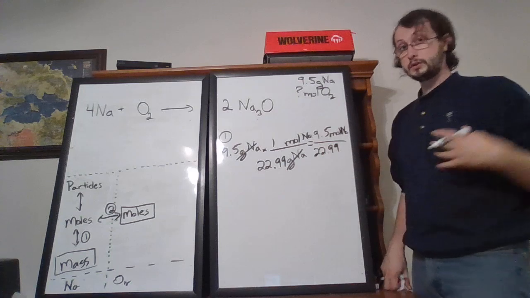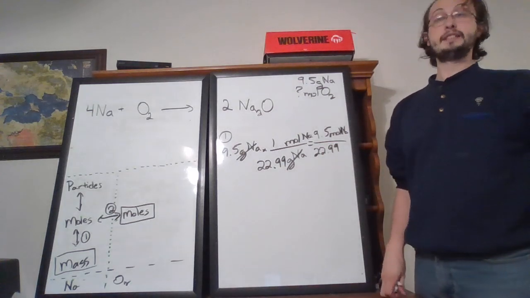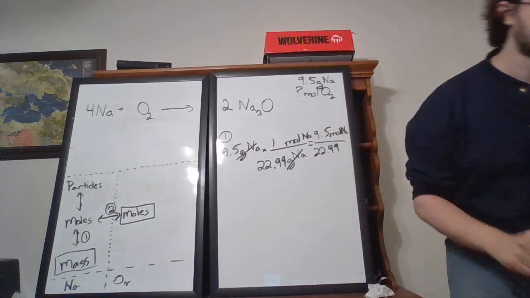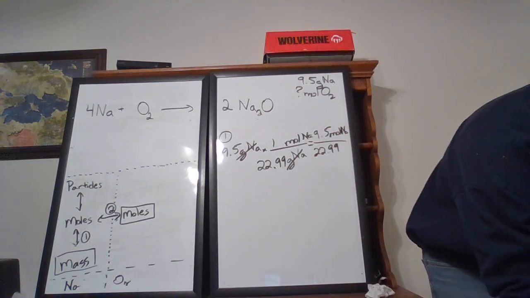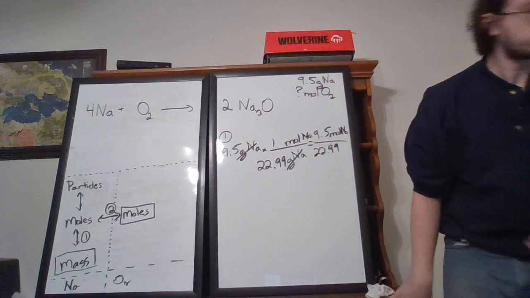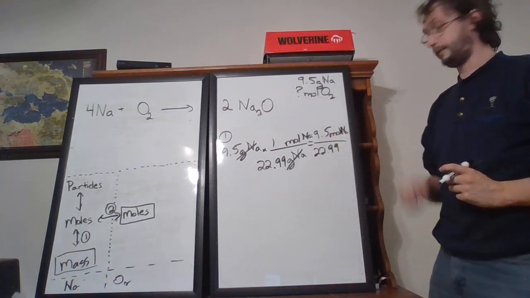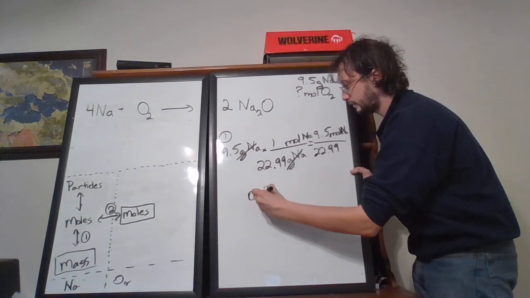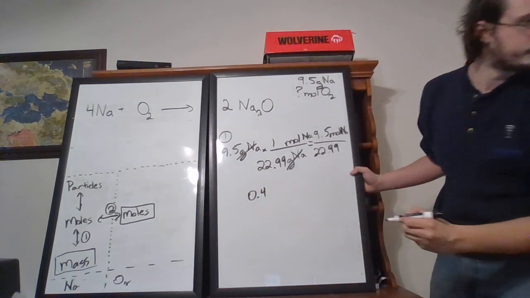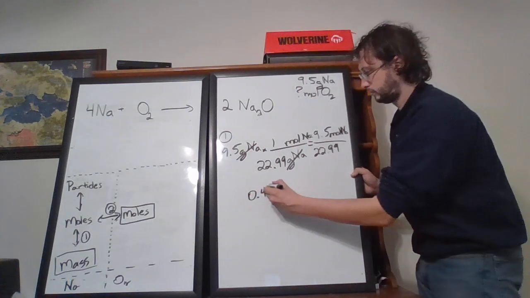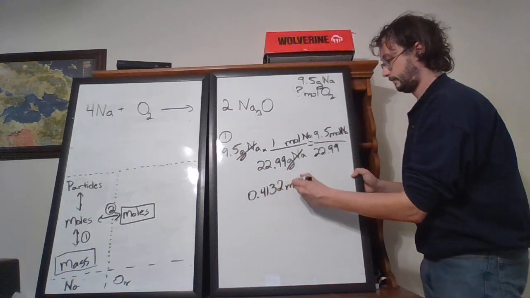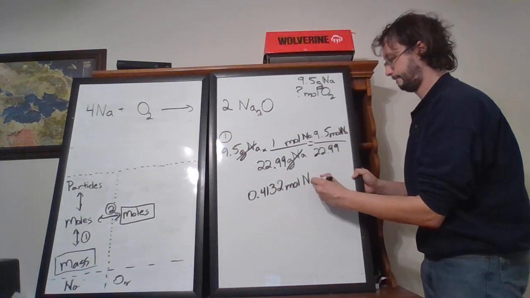So this is the same kind of 1-step problem that you did 16 of in that mixed practice assignment. So go ahead and take a second, plug that into your calculator. 9.5 divided by 22.99, and you should get an answer that looks like 0.4132 moles of sodium.